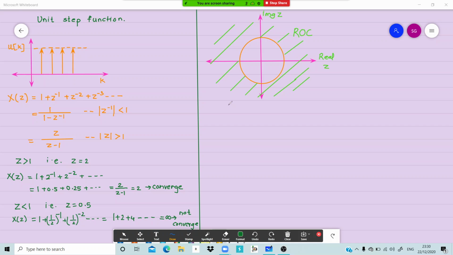And for that, one line I would like to add: for stable systems, the ROC always encloses the circle of unit radius.